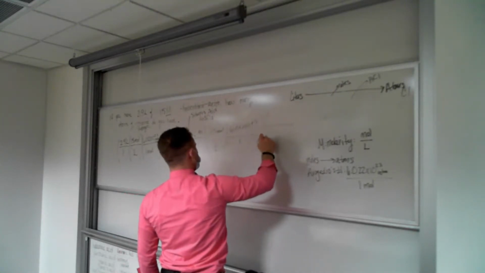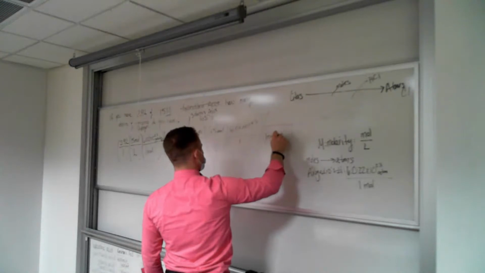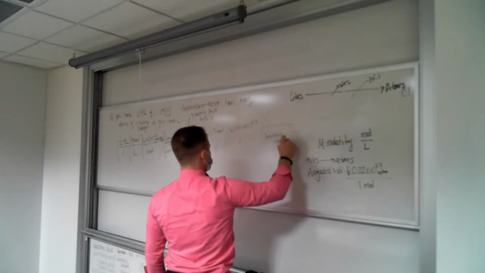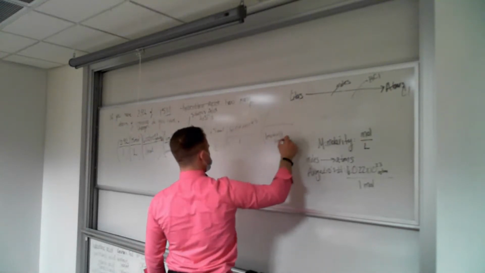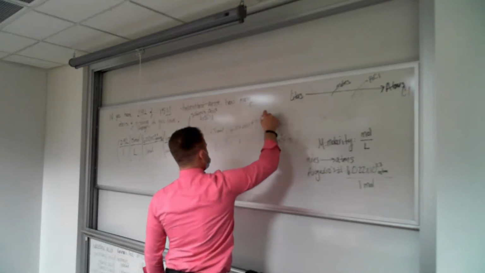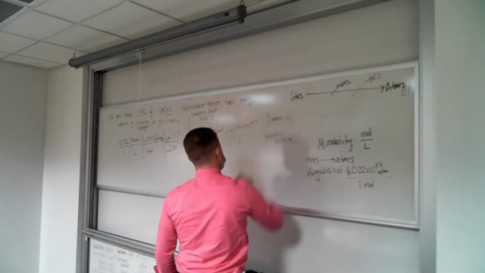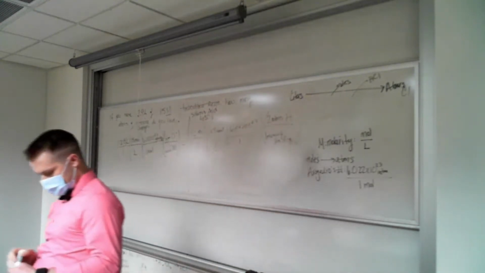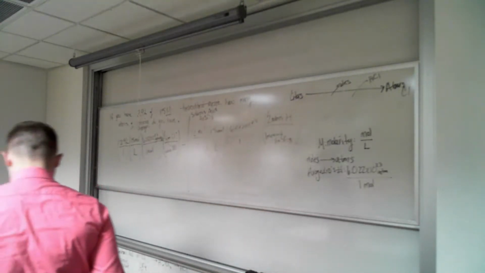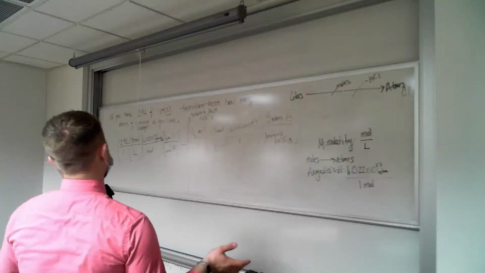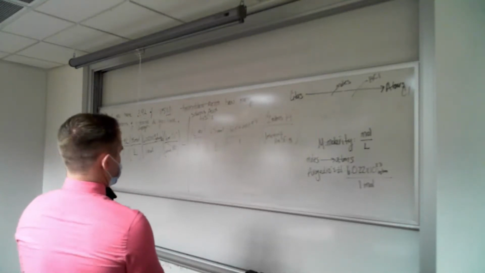So for every 1 molecule of H2SO4, or sorry, H2SO3, we have 2 atoms of hydrogen. Okay. And then we could multiply out and you would get your answer there.